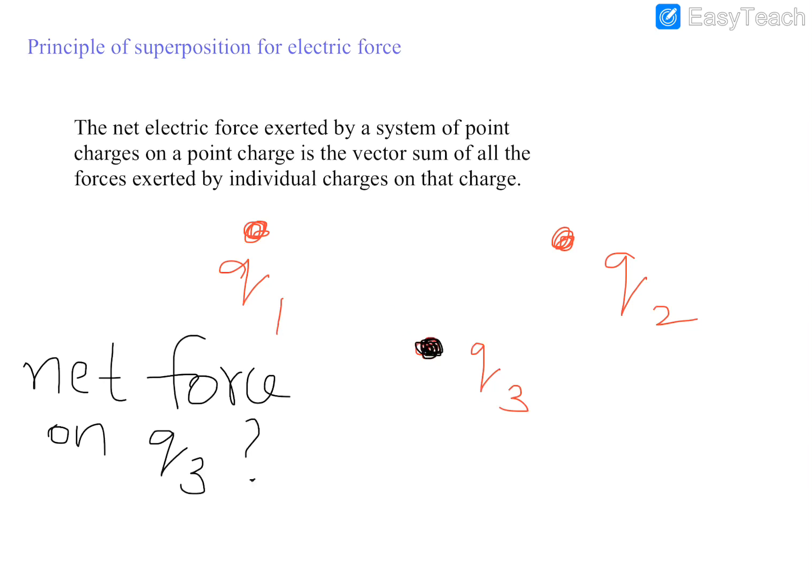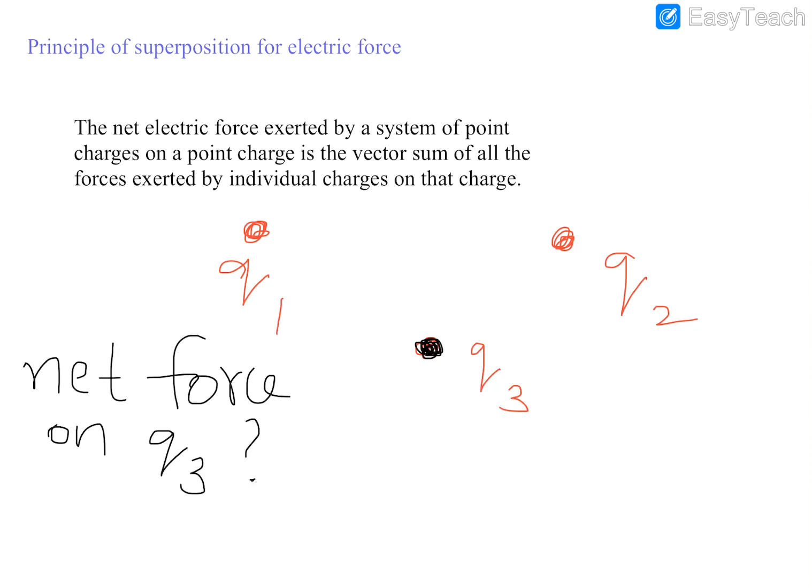Now coming to the problem. First let us consider that all the charges are positive charges. Q1, Q2 as well as Q3, all are positive charges. If you consider like that, then in the given problem, first find the force on Q3 due to Q1 and Q2. For finding force, you need to find the direction of force.